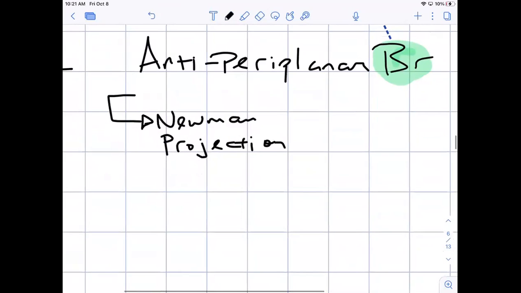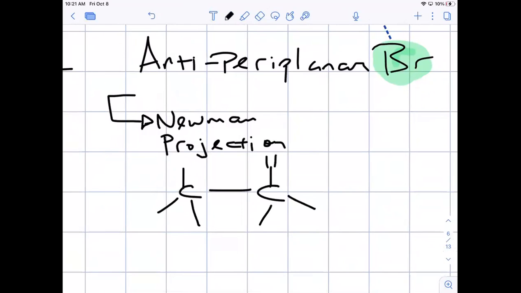So if you take a carbon bond, normally when we think about this, it just looks like that.